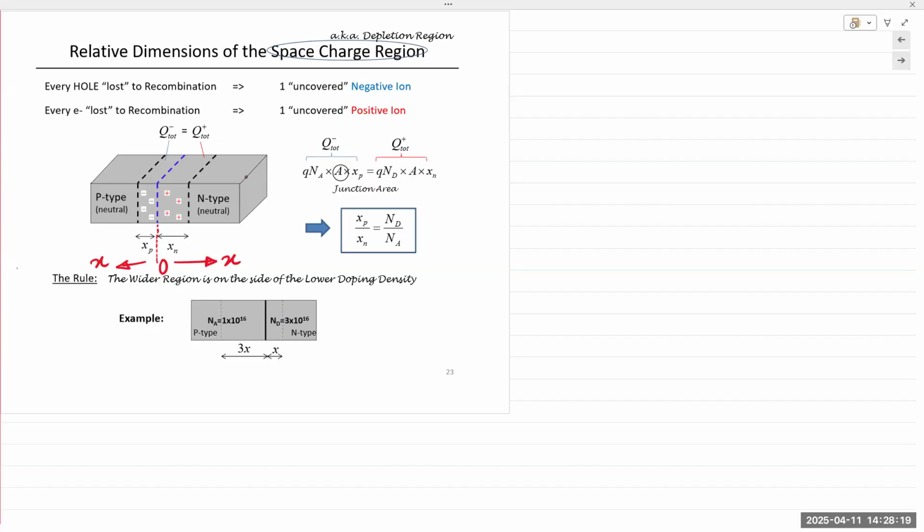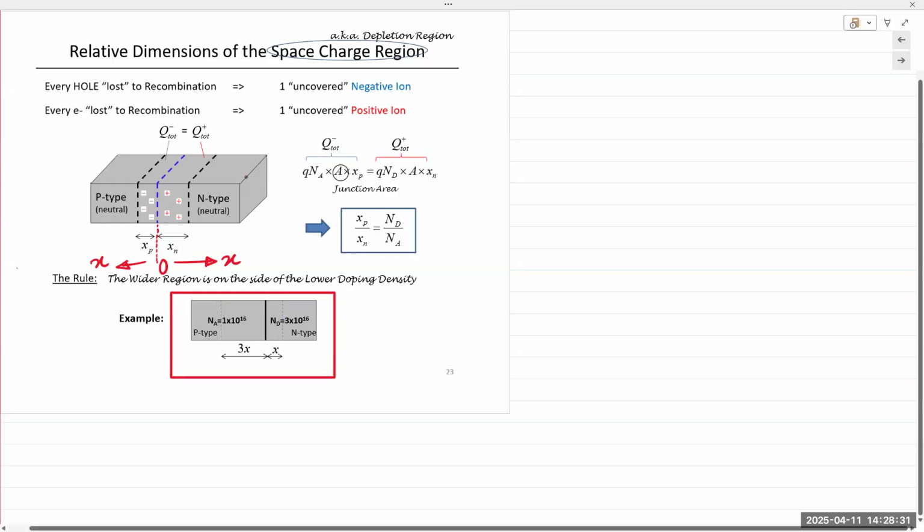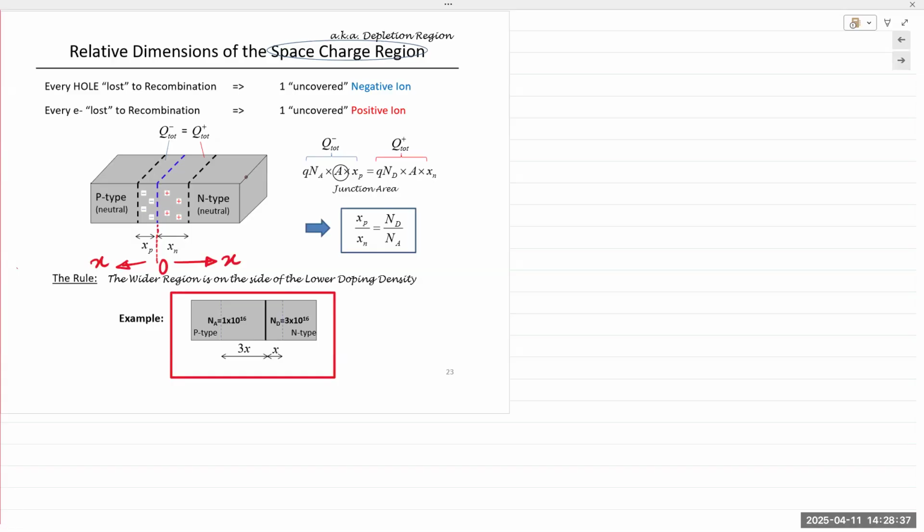So if we have an uneven doping profile, meaning on the N side or the P side the doping concentration is higher on one side versus the other, the distance of the depletion region from the junction is going to adapt to maintain and balance out those charges on both sides.